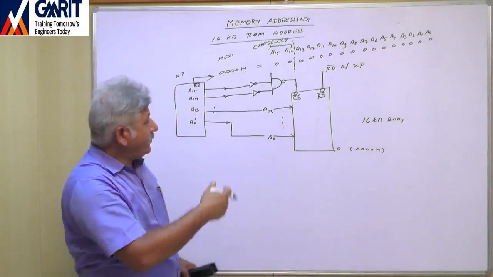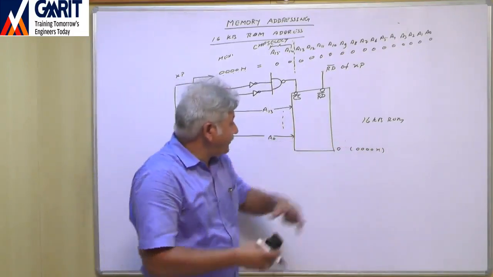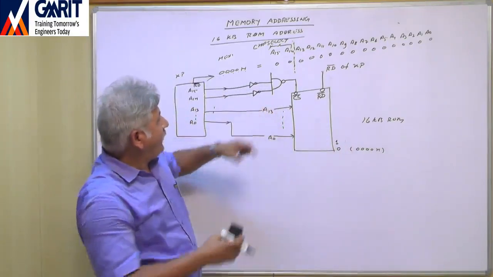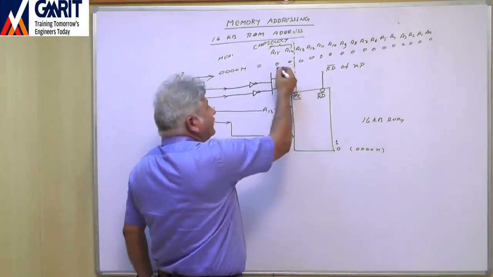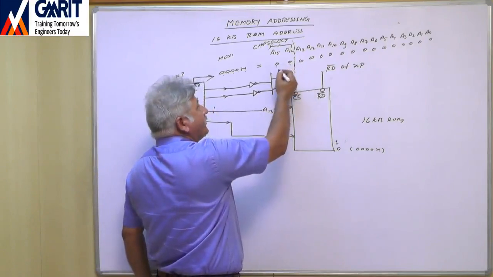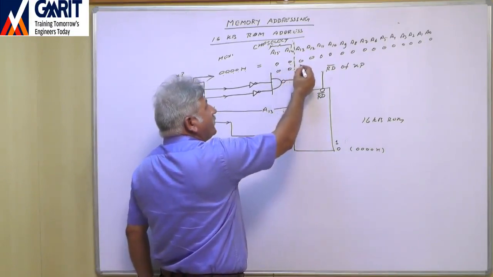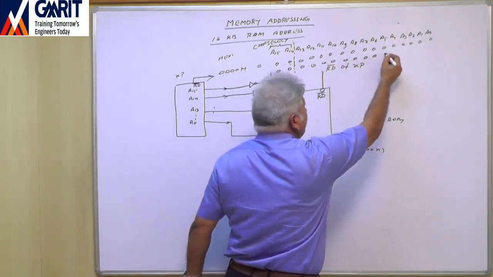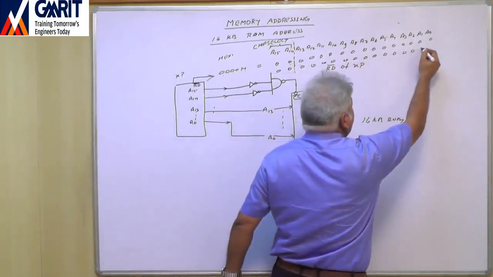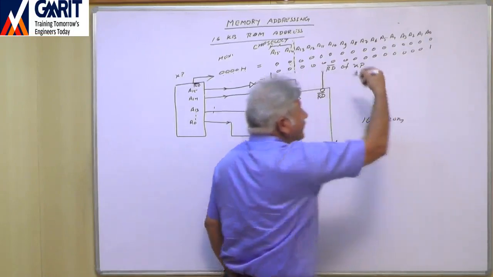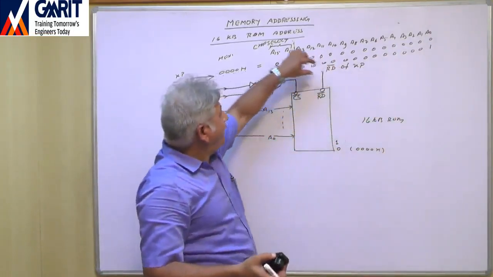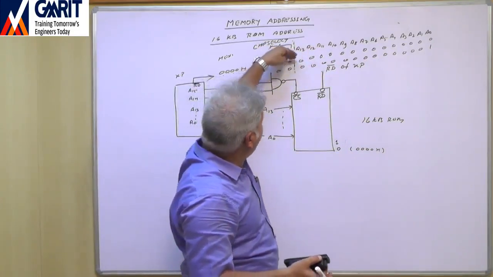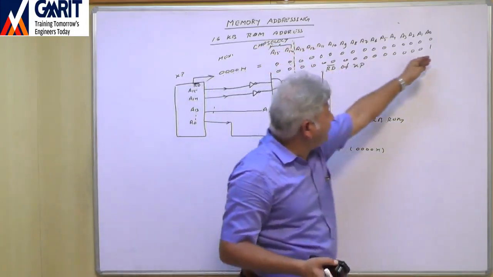What can be the next location? The next location is location number 1. So the next address will be, keep this the same. These values will not change. It will remain 00, and now this will change: 0, 0, 0, 0, 0, 0, 0, 0, 0, 0, 0, 0, 1. In the binary number system, after the first value, the next value will be this only.